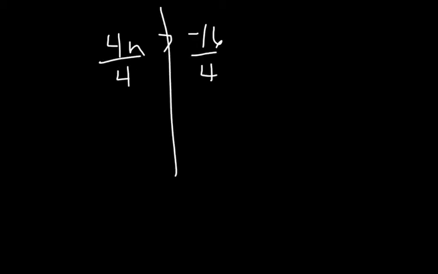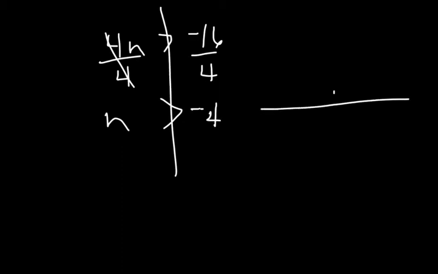If our equation had been 4n is greater than negative 16, again we follow the same idea: keep left side, right side, divide both sides by 4. We keep the same symbol here, and this results in n, and negative 16 divided by positive 4 results in negative 4, but our symbol is now greater than.